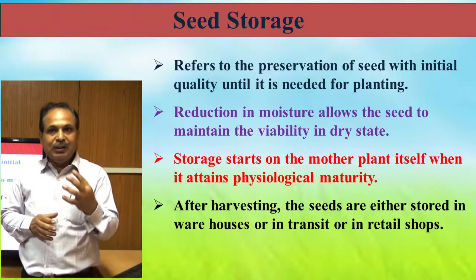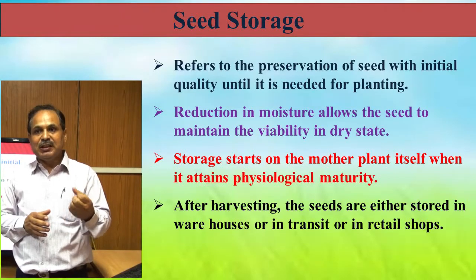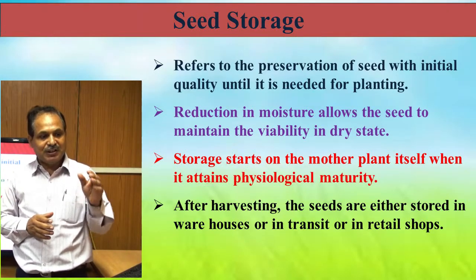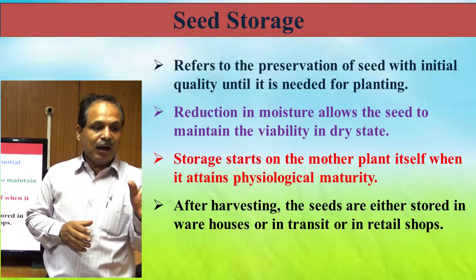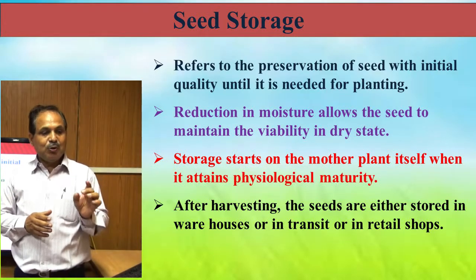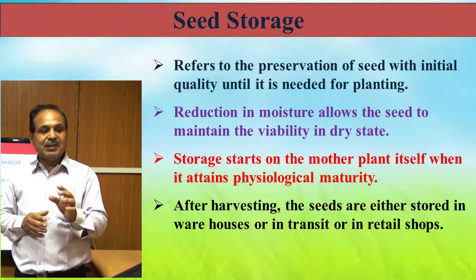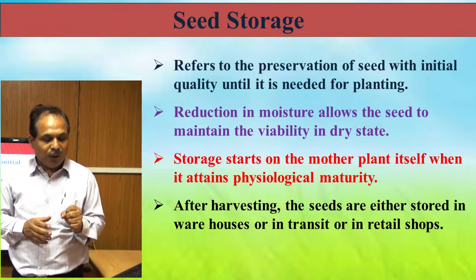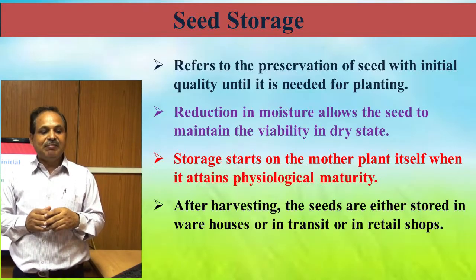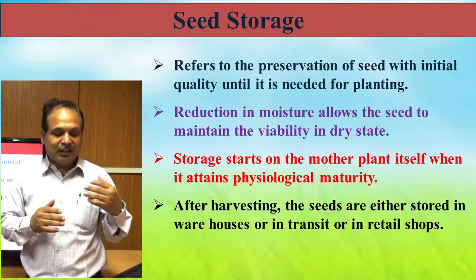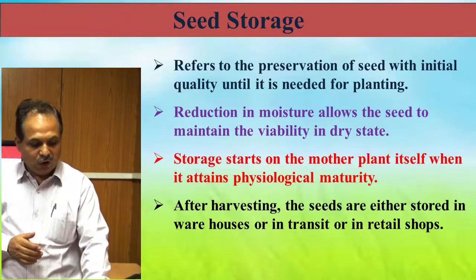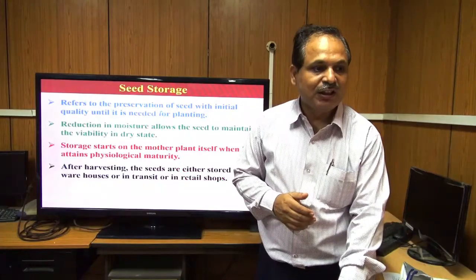So at harvesting maturity, it is different: the moisture percentage is reduced to 18 to 20%. After harvesting, the seeds may be stored in a warehouse, in the transit phase, or in retail. So there are different stages of storage during the entire course of seed storage.